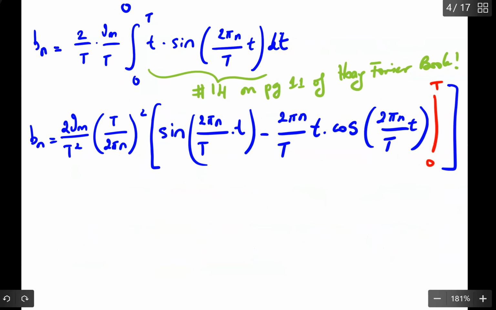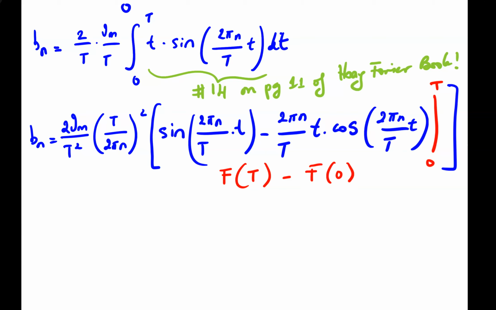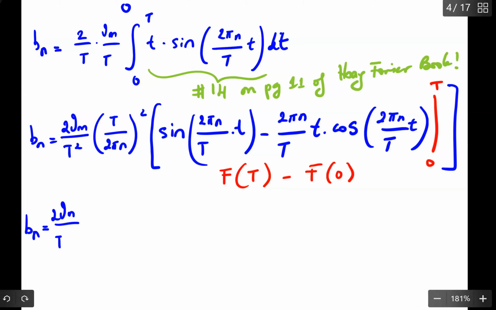Okay, so applying the fundamental theorem means that I need to evaluate the F of T, subtract the F of 0. So I'm going to expand this square, and I will write everything as T squared over 2 squared pi squared n squared, and then I will simplify all this later.